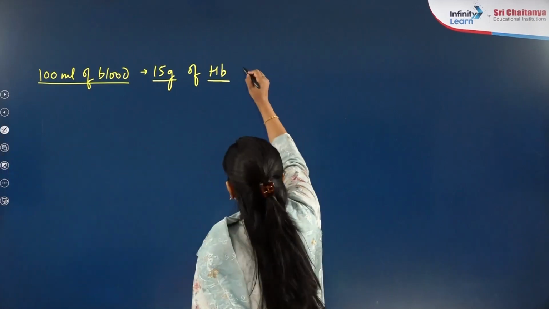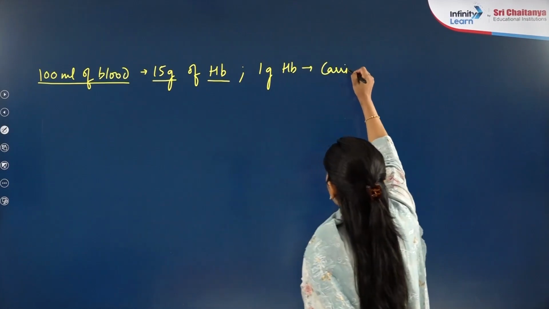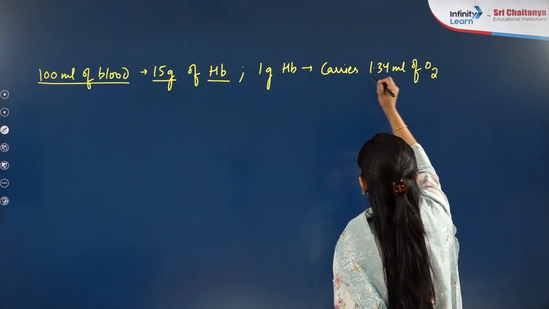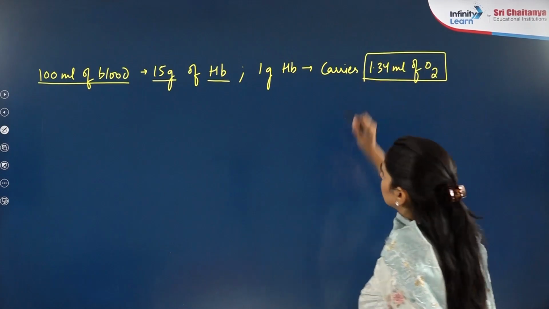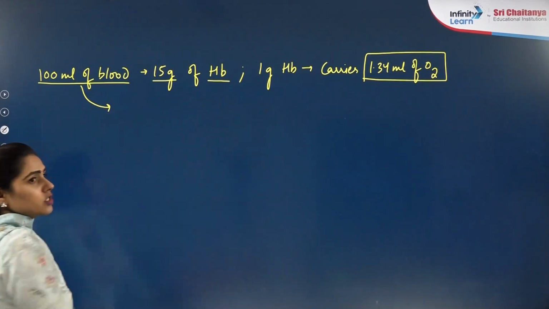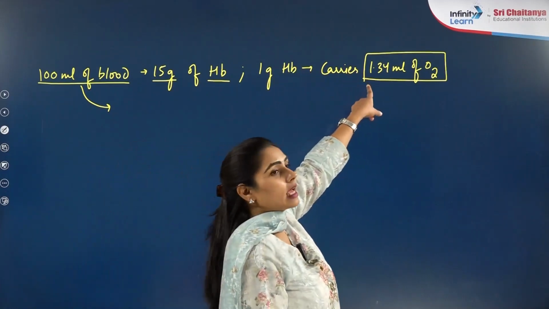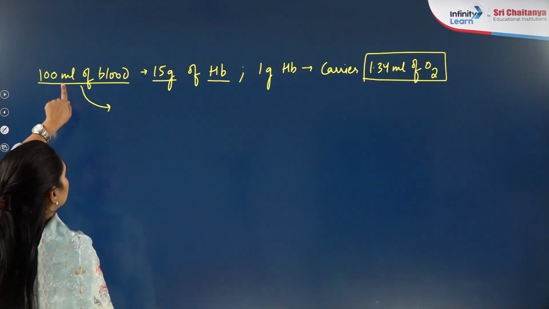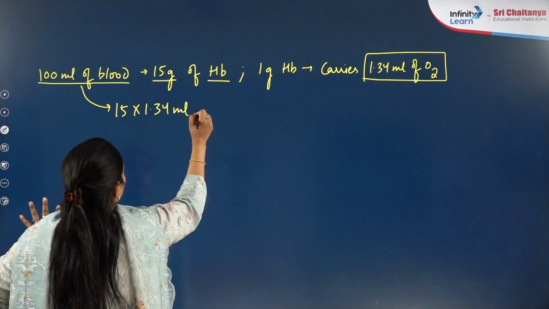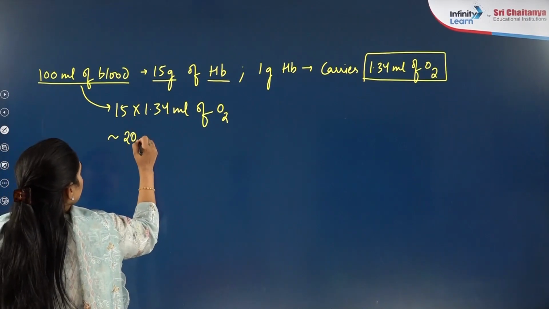And 1 gram hemoglobin can carry 1.34 ml of oxygen. So, if somebody asks you how much oxygen 100 ml of blood will carry, then 100 ml of blood can carry 15 into 1.34 ml of oxygen. That will be equal to nearly 20 ml.